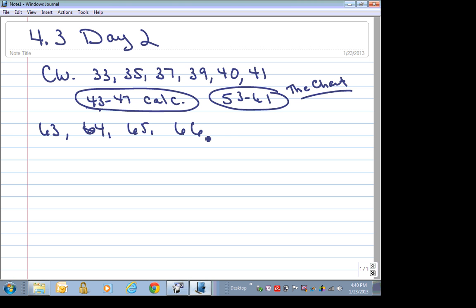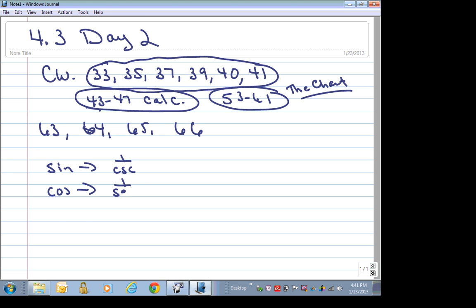Okay, so right now, I want to go through and I want to work some examples of problems like these tomorrow. And these get to be a little tricky. You have to use your identities and you have to know your identities. So let's review those one more time. Remember I said today in class, the more you write them down, the better you're going to be. We know that sine is equal to 1 over cosecant. We have cosine, which is equal to 1 over secant.